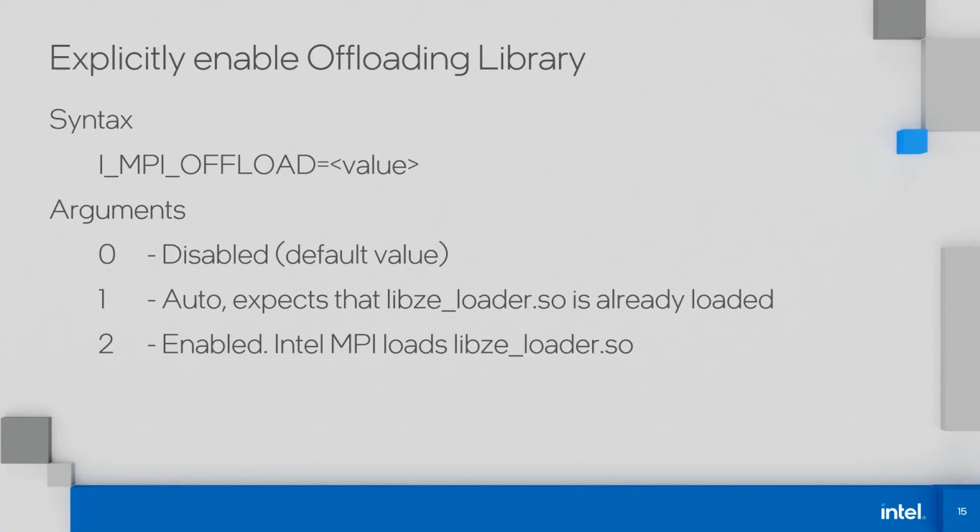Also, MPI ranks can be located on different hosts or on the same host, and different performance optimizations are needed to support these cases, and you can leave this responsibility to Intel MPI.